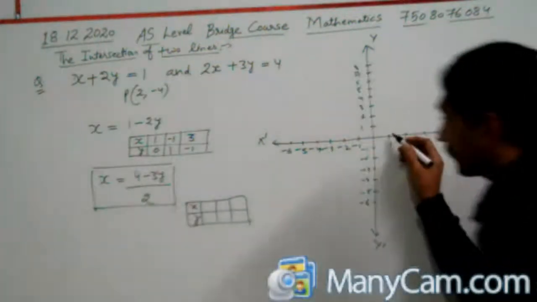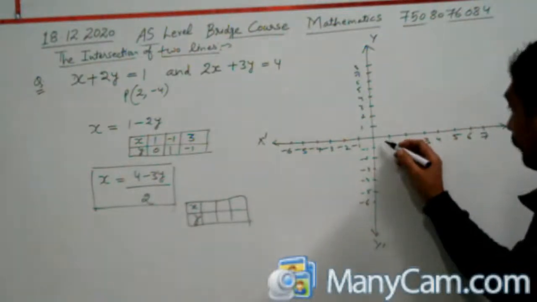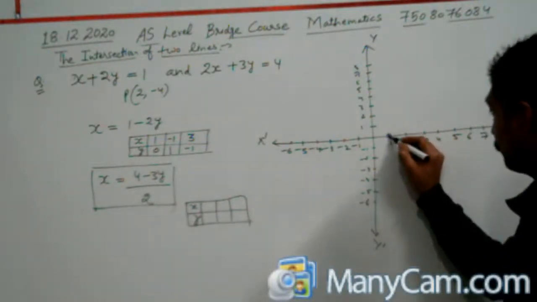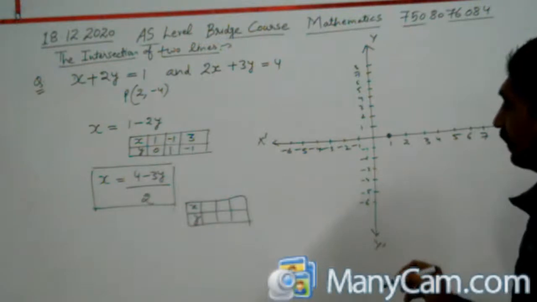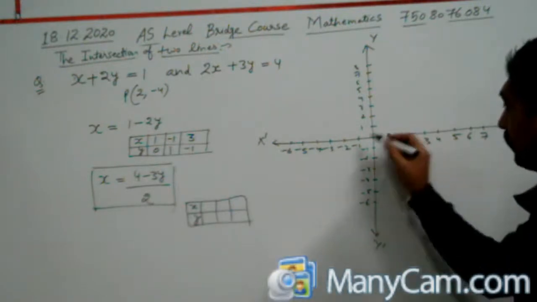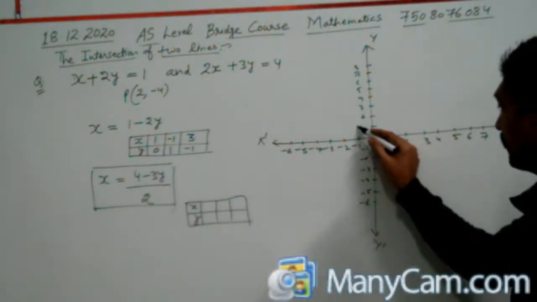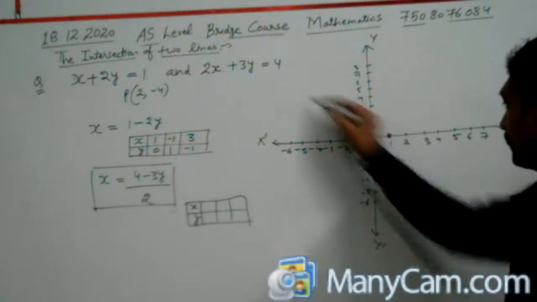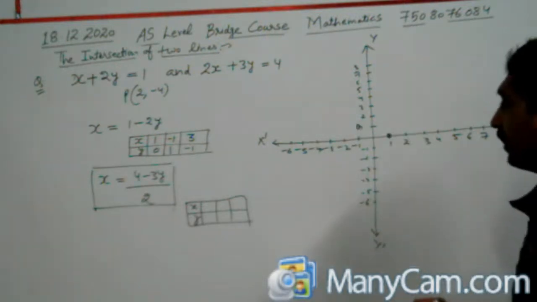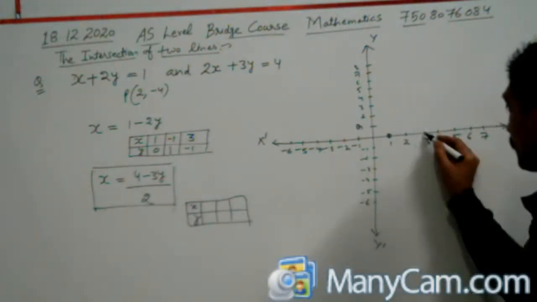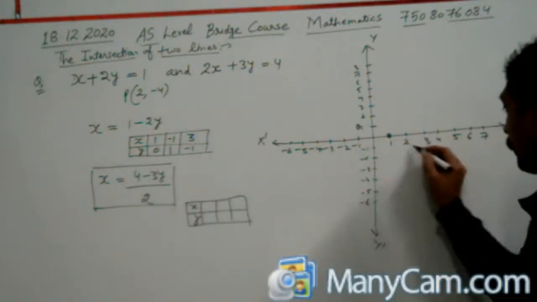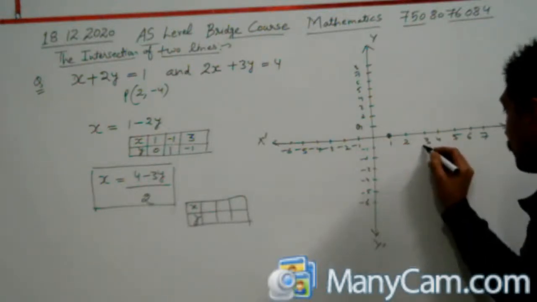So on this line, x is 1, y is 0. This is the first point. Second, x is minus 1, then y is 1. Here is the second point. And third, x is 3, y is minus 1.